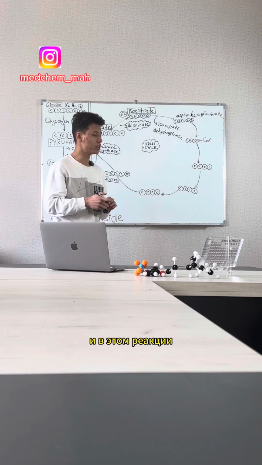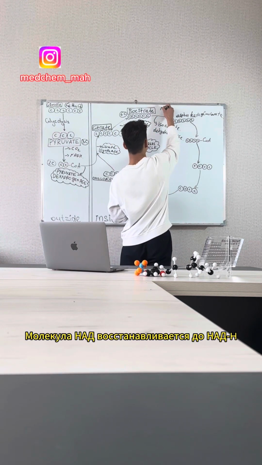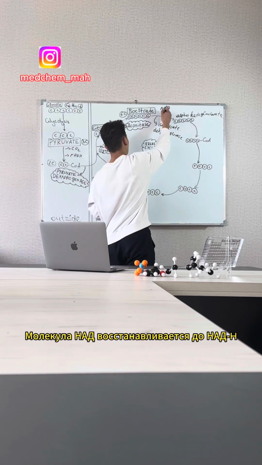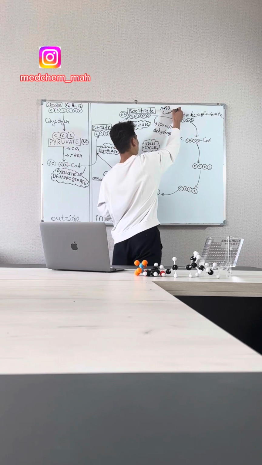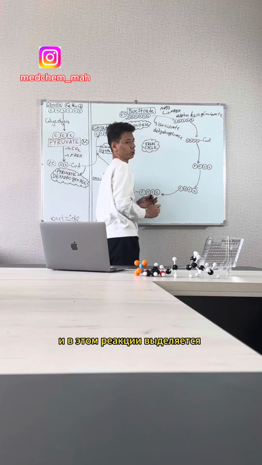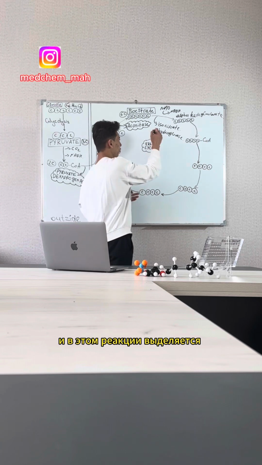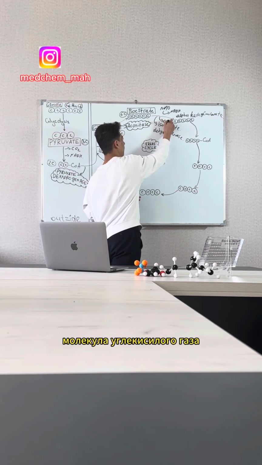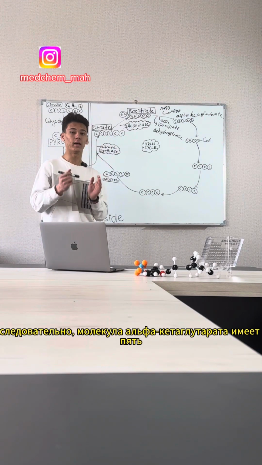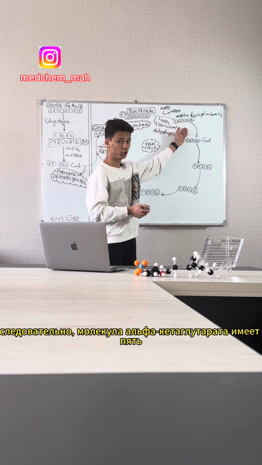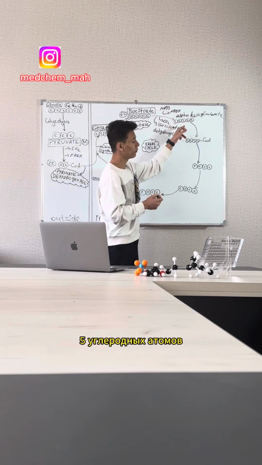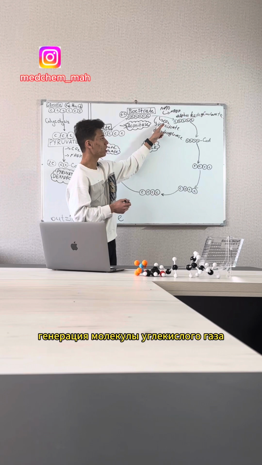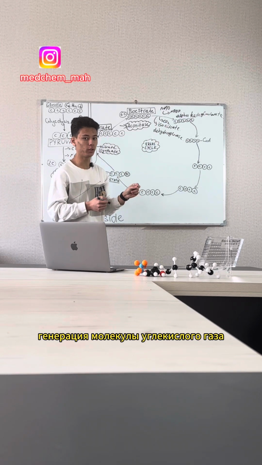In this reaction, a molecule of NAD is reduced to an NADH molecule, and a molecule of carbon dioxide is also generated. Hence, the alpha ketoglutarate molecule has 5 carbon atoms, since one carbon is lost through the carbon dioxide generated in this reaction.